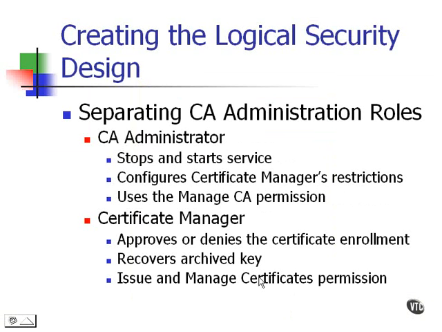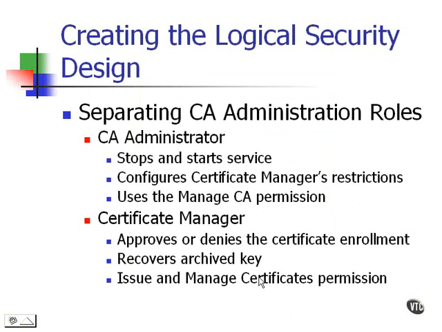Very briefly, the separation of these duties would be that the CA administrator does the operating system specific tasks or just manages the service, so it can stop and start the service. It can configure the certificate manager's permissions and restrictions. That role would be configured by the CA administrator. And to administer the CA, the key thing is that it would use the Manage CA permission. We'll show you that again in just a second.